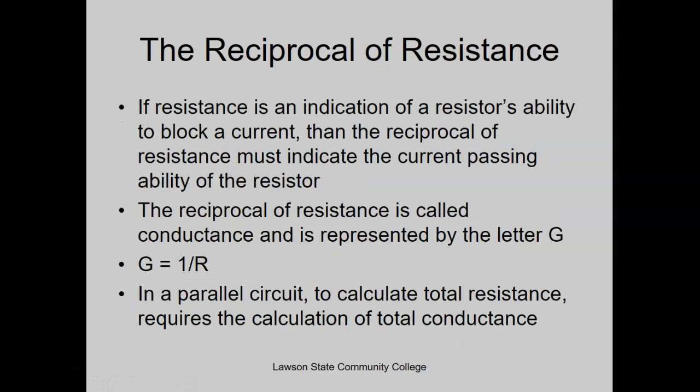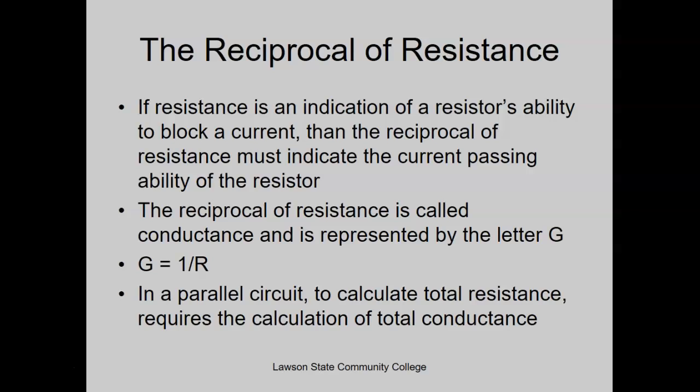Now then, when we were in intro, we talked about what's called conductance. That ring a bell? I told you it would come back. Told you we'd be using it in DC. There is a reason for that. If resistance is an indication of the resistor's ability to block current, the reciprocal of that is the ability of it to pass current.